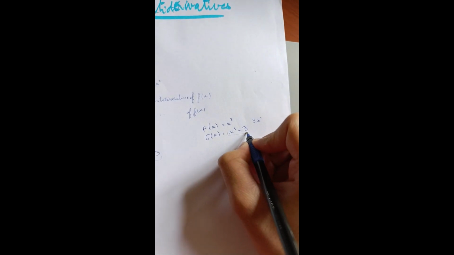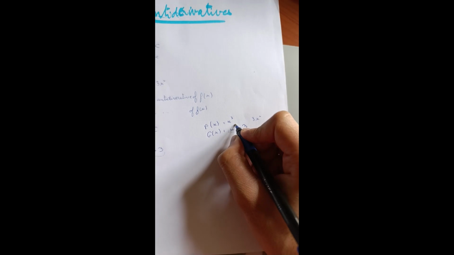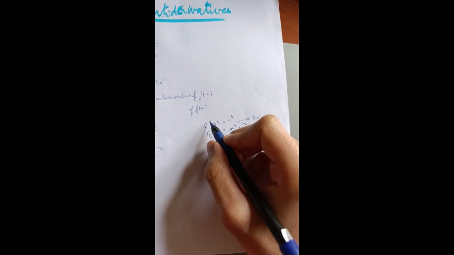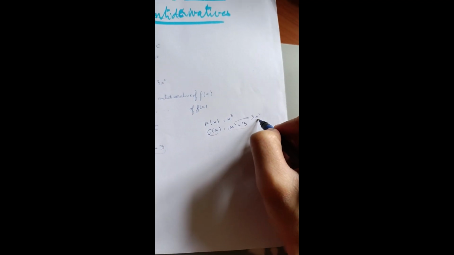So if we were to differentiate this function here, we'll also end up finding 3x squared. This means that G of x is also another antiderivative of small f of x.